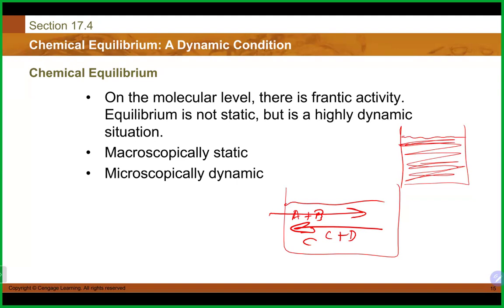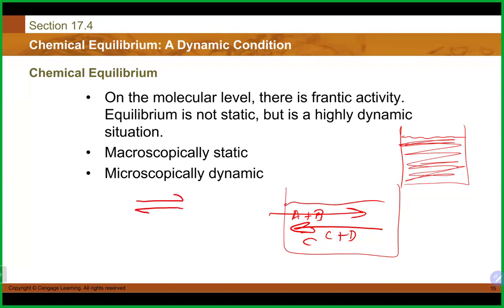That is something that sometimes people have a hard time with in terms of equilibrium. They think it's over when something happens, but actually a lot is happening just to maintain what you're looking at. And that again is because these are reversible reactions.